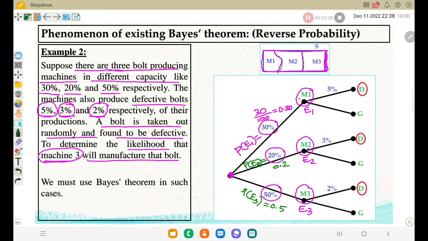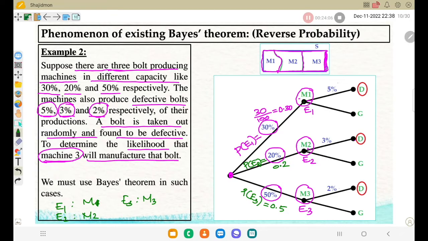So the first line represents the probability of E1, E2 and E3. Now our event is the defective bolt. E1 means the bolt is produced by machine number 1, E2 by machine number 2, and E3 by machine number 3.